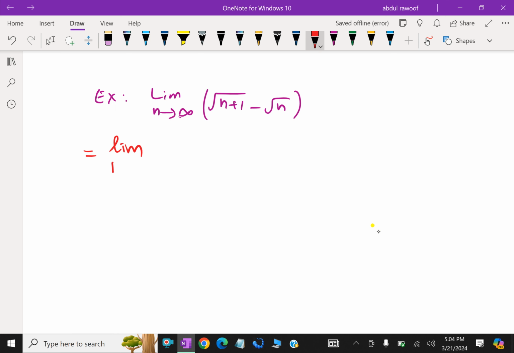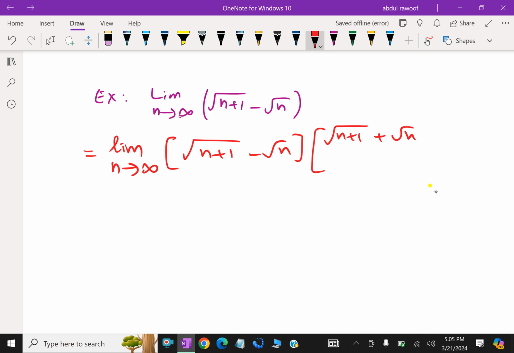Here, rationalizing, we multiply up and down by the conjugate of this, which is square root of (n plus 1) plus square root of n.